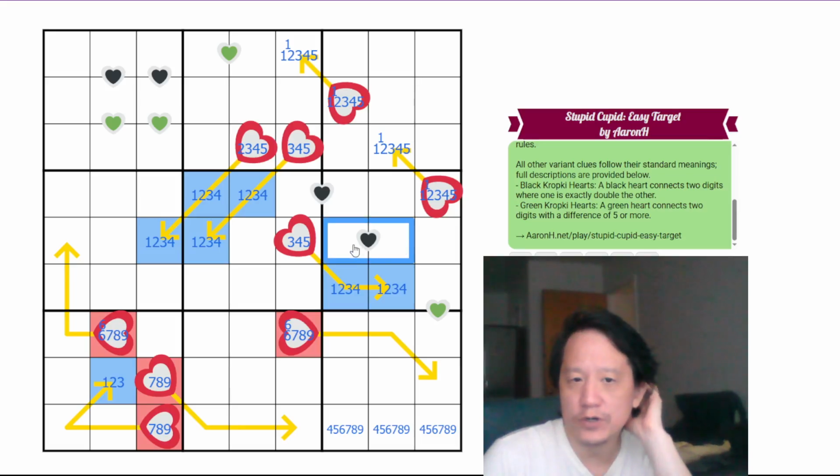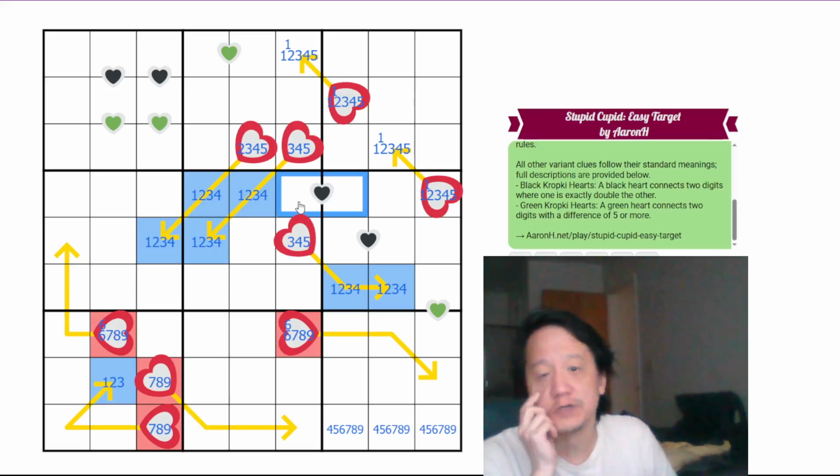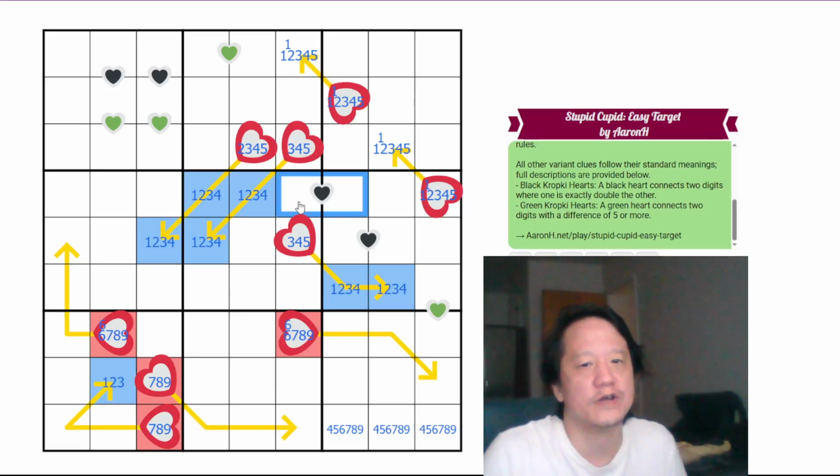We know these are in a 1 to 2 ratio. We know these are in a 1 to 2 ratio. Aha. Well, no, that doesn't tell us too much.